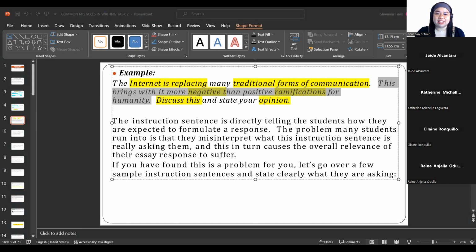Why? Definitely, mas madaling mag-type or click anything on your phone or on your device than writing, than going to the library, right? Or may gusto kang sabihin, instead na puntahan mo lang sa bahay, you can just call. Misleading due to false information for content. Wow, yeah, scam, fraud, definitely.